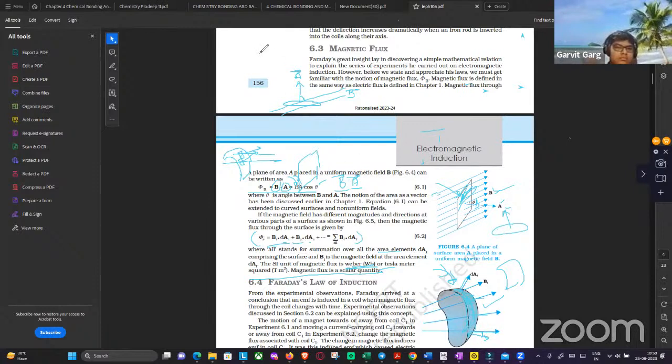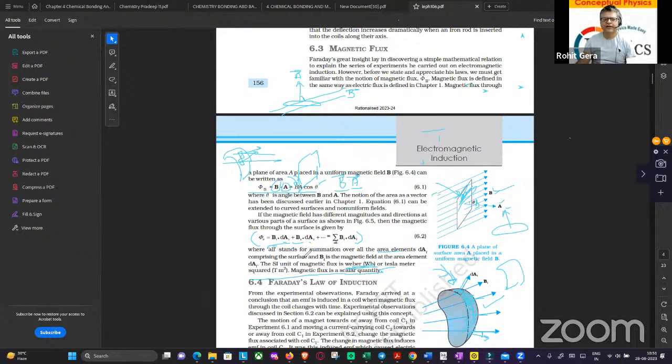Right? Okay. So the unit is Weber, also known as Tesla meter square. So this is Tesla and area is meter square. So 1 Weber is when a 1 Tesla magnetic field is passing through a 1 meter square area.